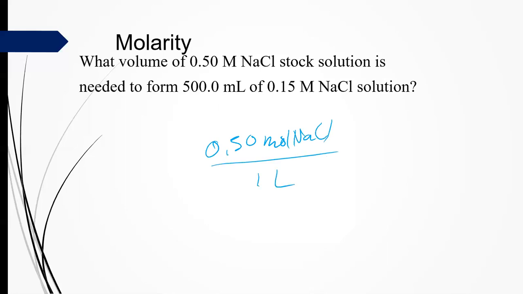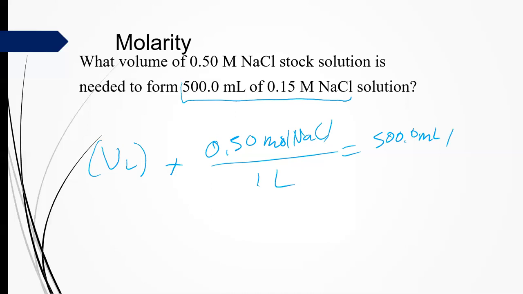And we would like to form a solution that's 500 milliliters of 0.15 moles NaCl. So if we want to keep our volumes the same, that means that some volume here is going to be equal to 500.0 milliliters.